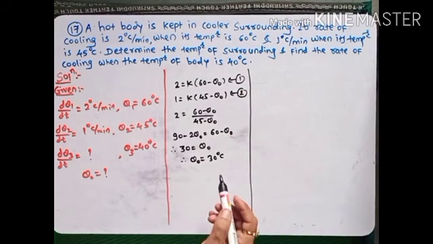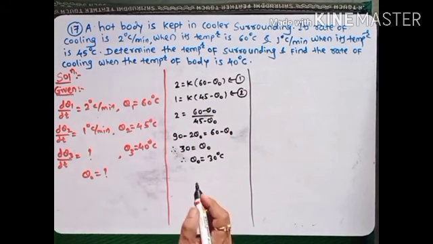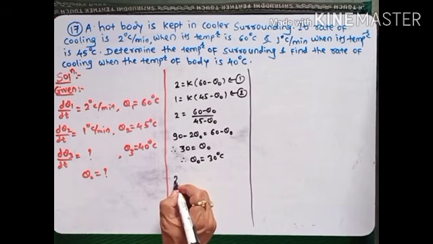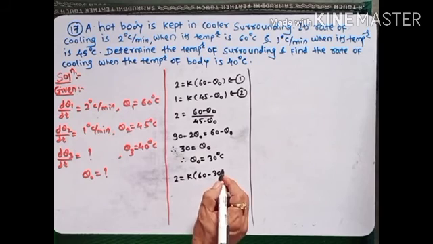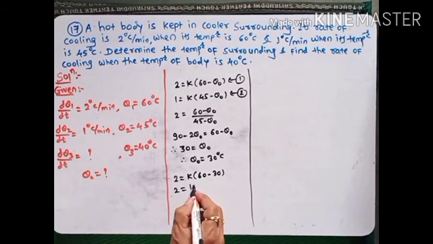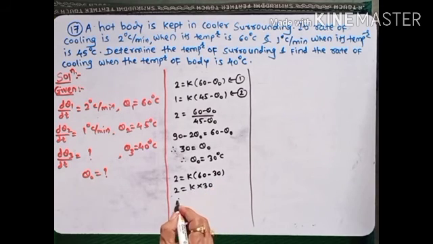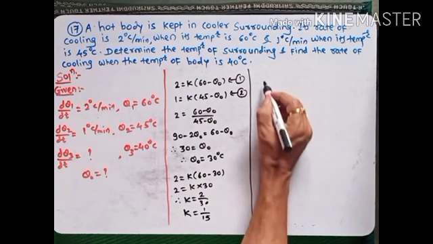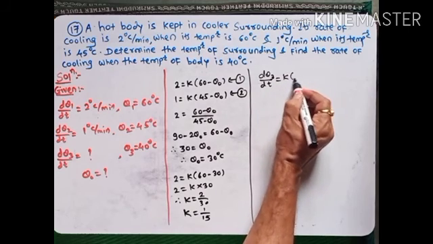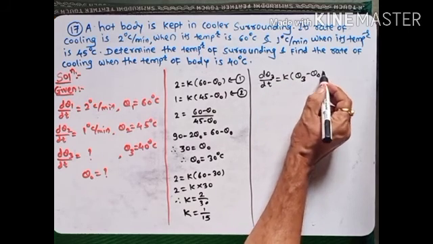Now if we put this value of θ0 in equation 1, then we can get k. 2 equal to k into (60 minus 30). 2 equal to k into 30, and therefore k equal to 2 by 30, means 1 by 15. This is the value of k. Now for third, we will write dθ3/dt is equal to k into (θ3 minus θ0).